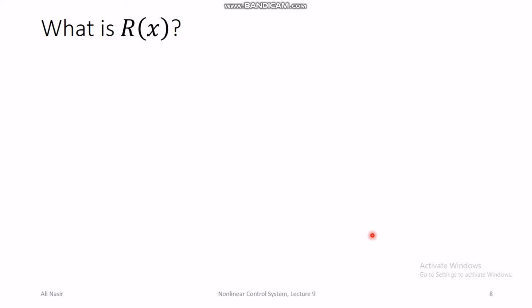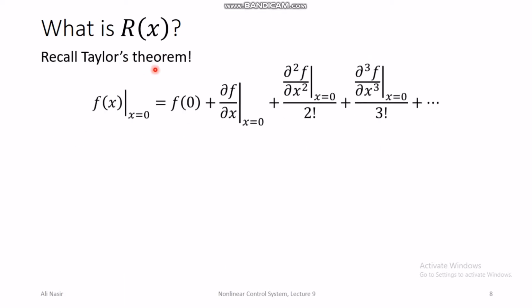So for that we have to look into what exactly R of x is. We recall Taylor's theorem: any nonlinear function at a point x equals 0, in general Taylor theorem applies to a nonlinear function at any point x equal to a, but we are interested in x equals 0. So f of 0 plus partial f by partial x at x equal to 0, multiplied by x, and there are also higher order terms of x involved.